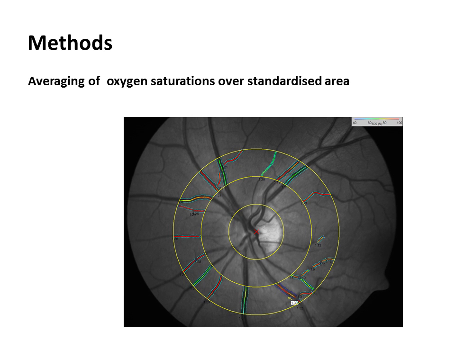Now I'd like to give you a short overview on clinical experimental studies we did. First, the methodology: we measured the oxygen saturation in this standardized area, known from the RX study, and we averaged over the oxygenation values from all arterial and venous vessel segments within this ring.